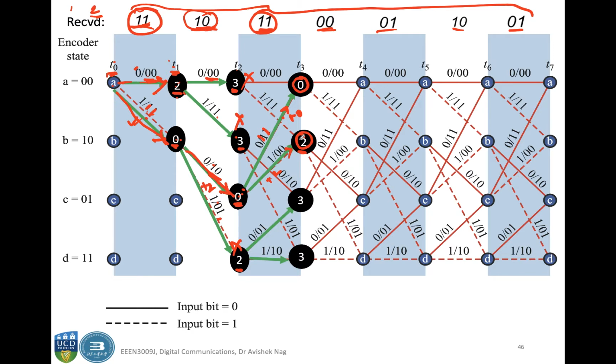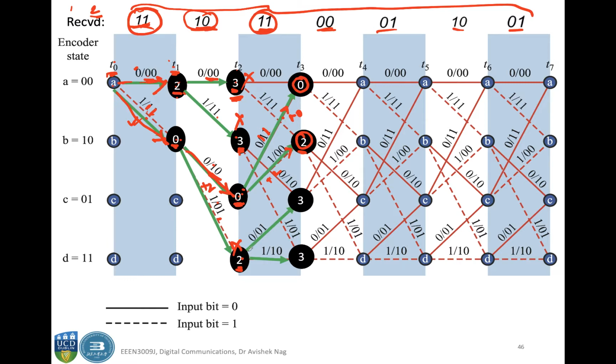Let's look a little further, just for verification. If you had taken the other path, at t2 the accumulated path length was 3. This was the shortest, but that was the second shortest.